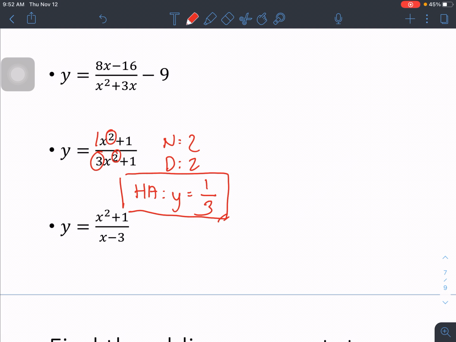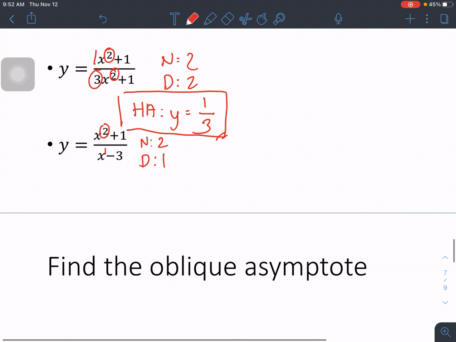For number 3, let's compare x squared plus 1. The numerator is 2, the denominator is 1. So there will be no horizontal asymptote.